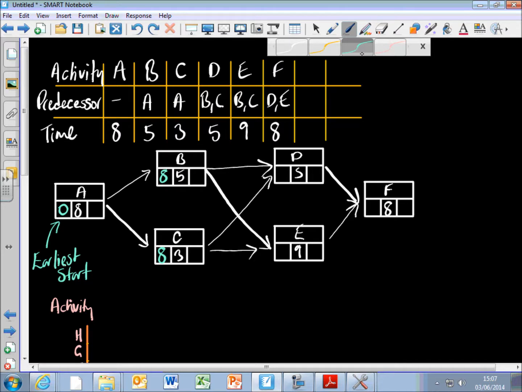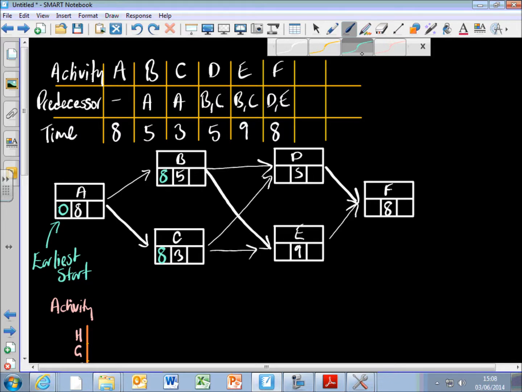Okay, right. So let's have a look at the earliest day that D could start. Well, D is reliant upon B and C being finished. So activity B could start on day 8 and takes 5 days, so it could be done by day 13.